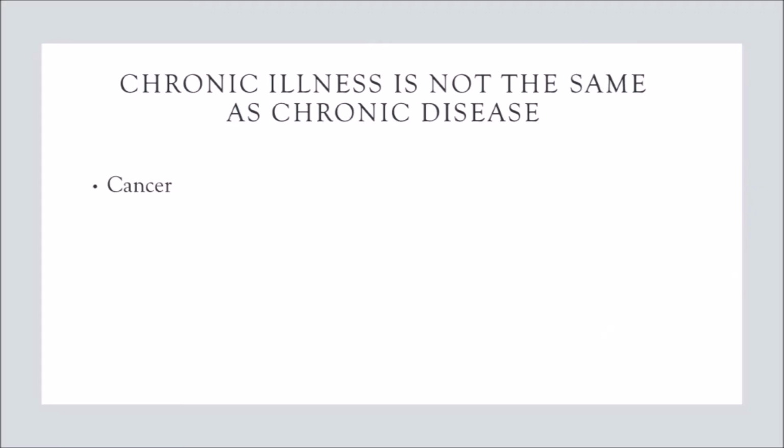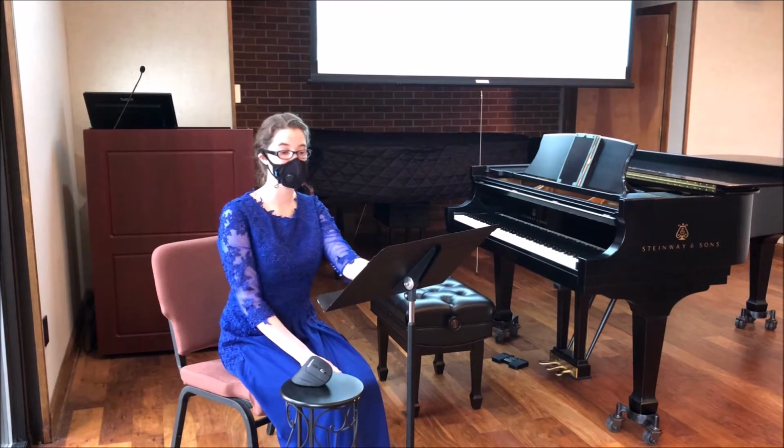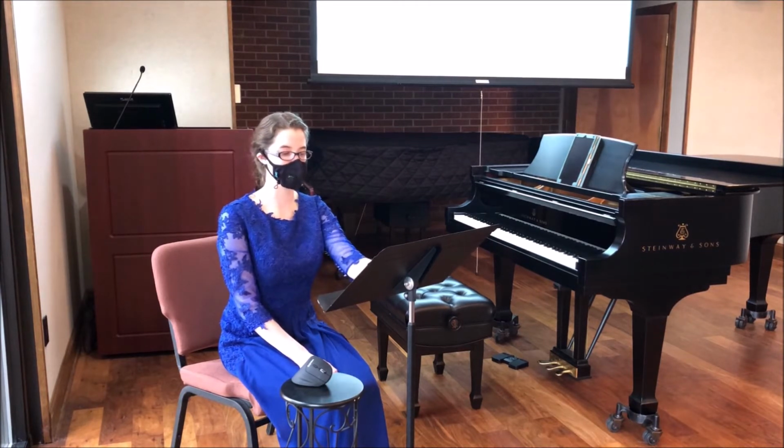Now, what is chronic illness? It is not the same thing as chronic disease such as cancer, type 2 diabetes, heart disease, stroke, obesity, and some arthritis. Instead, many chronic illnesses are linked to autoimmune conditions, which the National Institute of Environmental Health Sciences defines as when the immune system malfunctions and mistakenly attacks healthy cells, tissues, and organs.